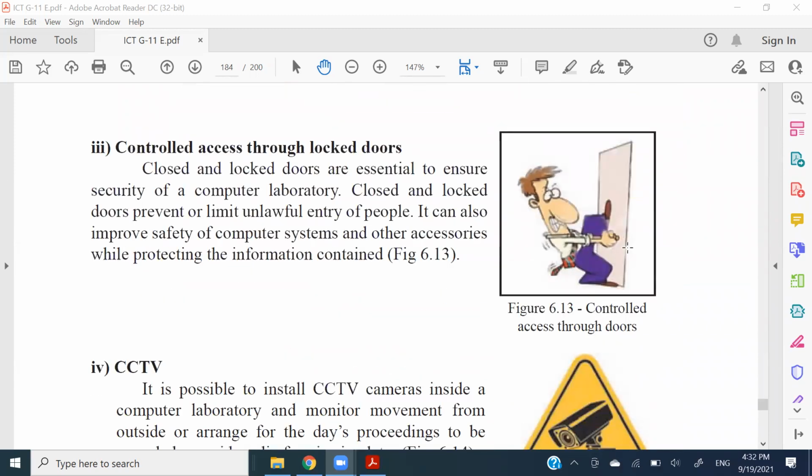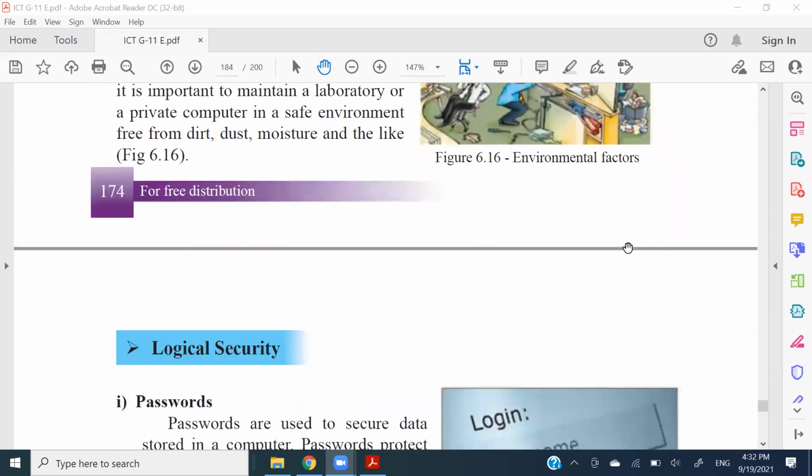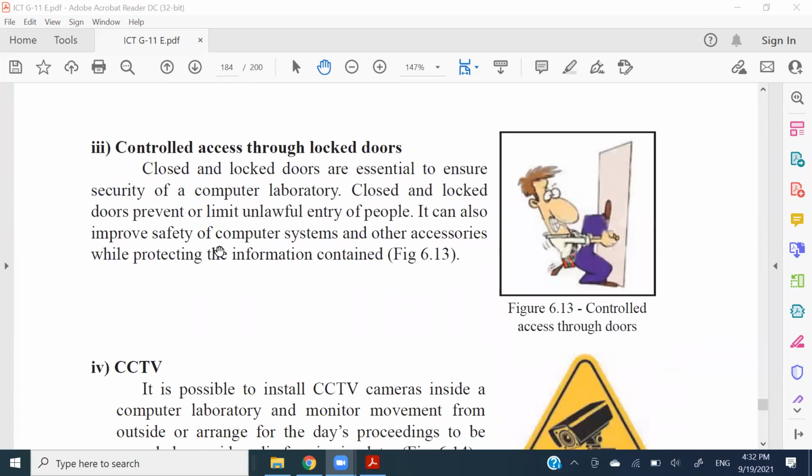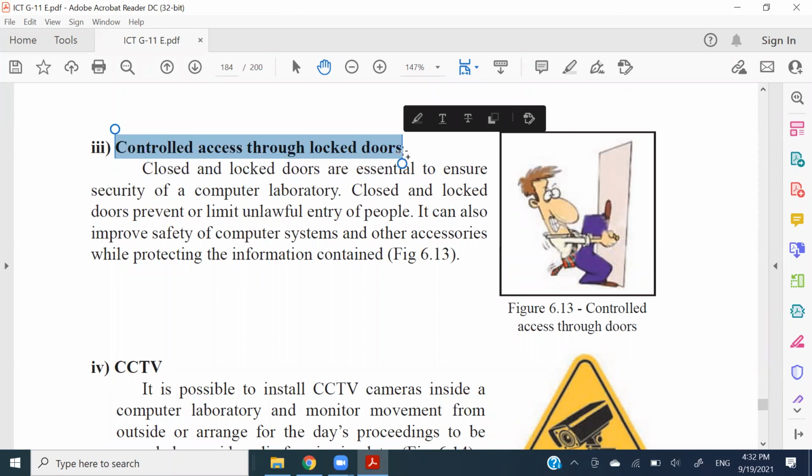I'll quickly give the things. Let's finish it up and end the session, right? So we can start from the logical security. So the third one, control access through locked doors.